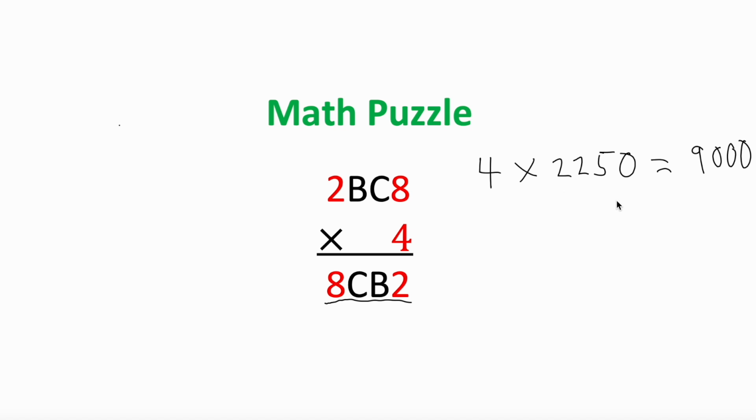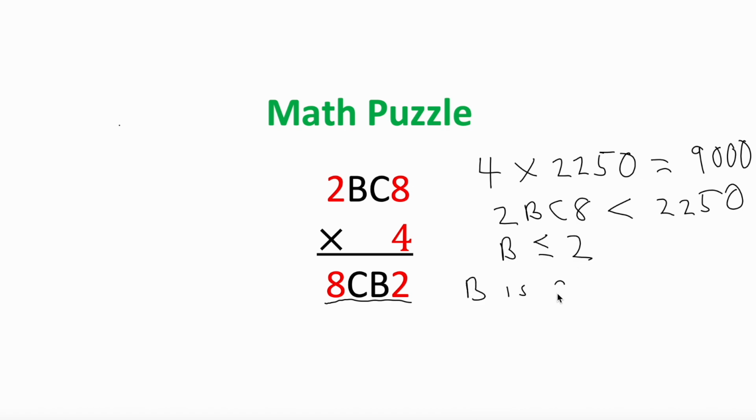Otherwise our product would be greater than or equal to 9,000. Otherwise we get a product that's too big. But then if that's the case, we have to have that B is less than or equal to 2. 0, 1, or 2.